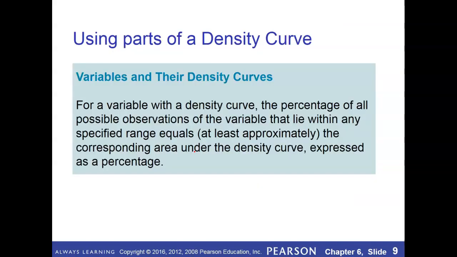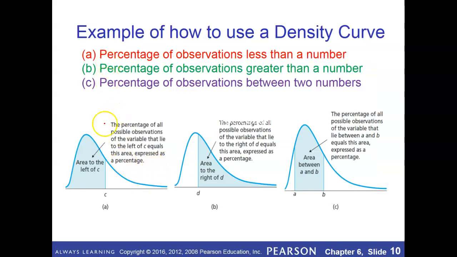So then we have different parts of a density curve. We can have parts of a density curve that represent things that are above or below a certain x value. So for example, we have three different examples here. The first one, part A here, is the percentage of observations that are less than a number. So if C is a particular number here, the percentage of the population below that would be the area underneath that curve.